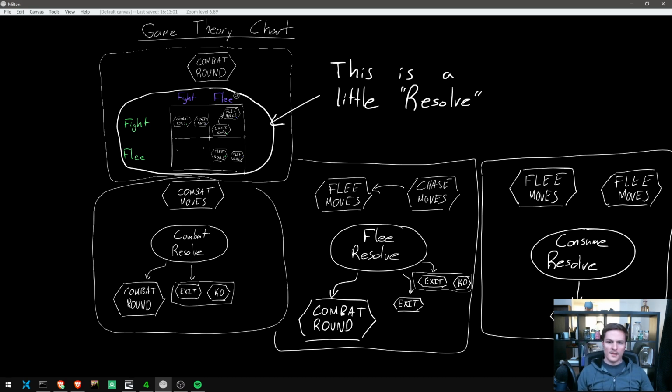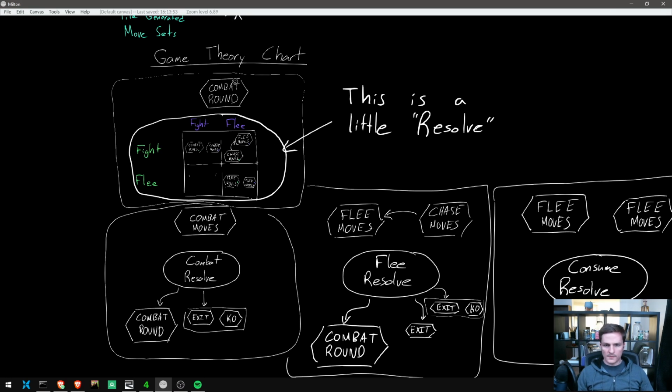What's sort of happening is I have a set of state nodes: combat round, combat moves, flee moves, chase moves, and then some of these are possible. So if I were to spell this out, this is a combat round. So they're both at the beginning of a combat round together. This is symmetrical.